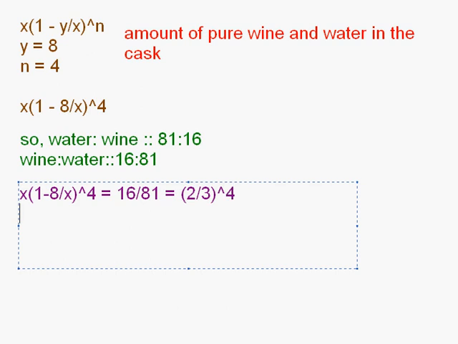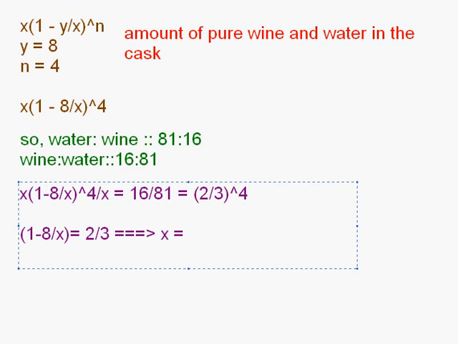So the power 4 will cancel. This formula was for pure wine, and water is x, so it will be divided by x, and x will cancel. Ultimately we get 1 minus 8 upon x is equal to 2/3. If you solve it further, you will get the value of x as 24.